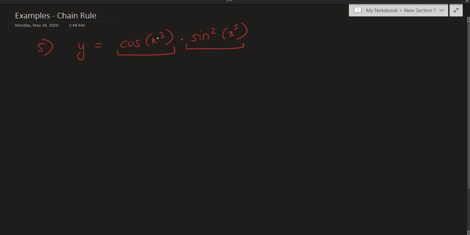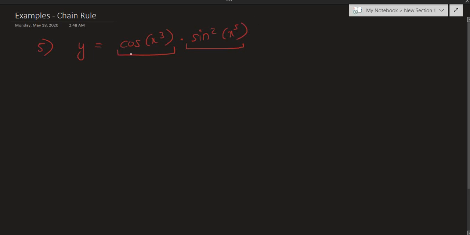Cosine of x is one function, but then you have x cubed inside the argument of the cosine. But here the situation is way more complicated because you have three functions. You have first the sine that's being raised to the second power, then you have a sine, and then you have x to the fifth inside the argument of the sine.